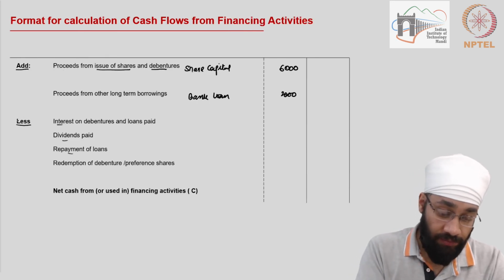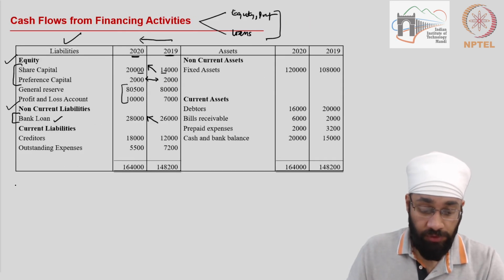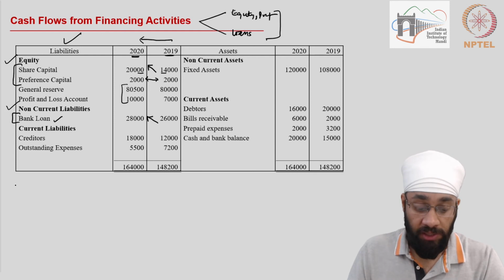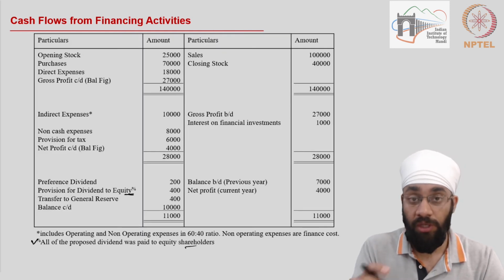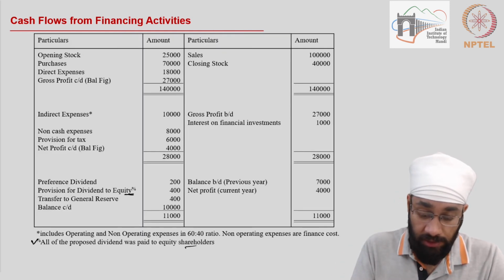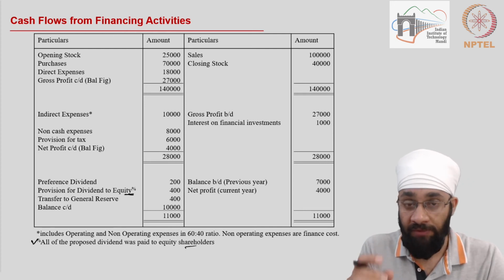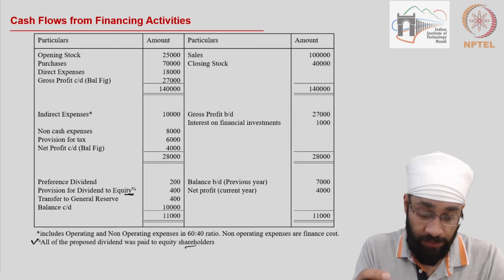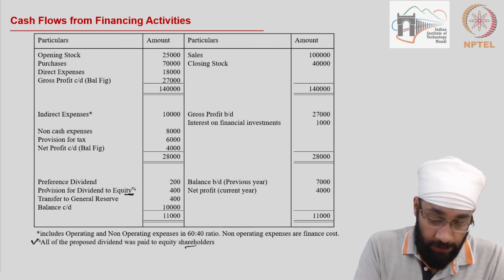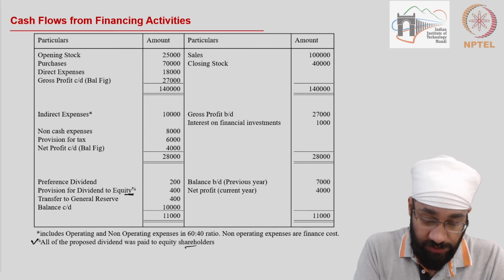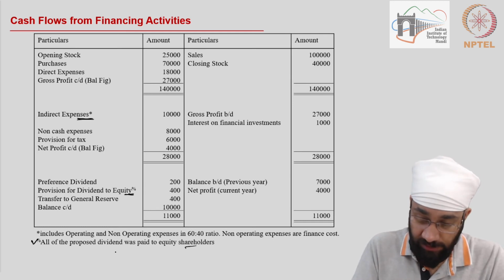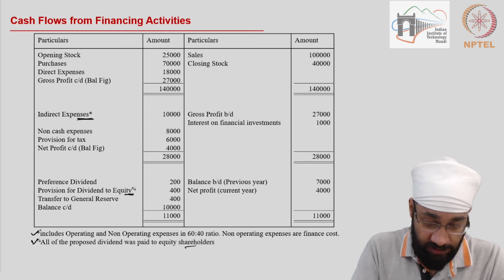Okay, so now we are looking for outflows. In the balance sheet, there are no other hints on the outflows. Let's go to the income statement. In the profit and loss account, we have to look for dividends paid or interest paid. Now, non-cash expenses, provision, indirect expenses. In the indirect expenses, here is a note.